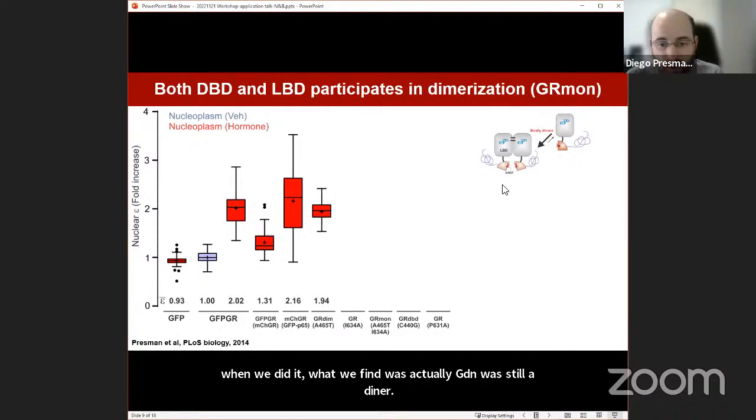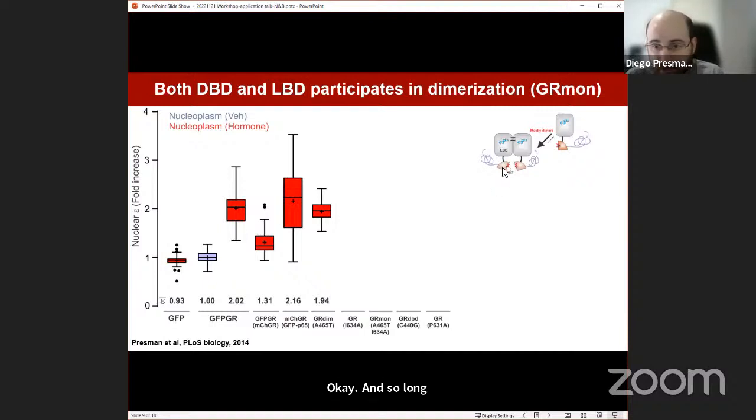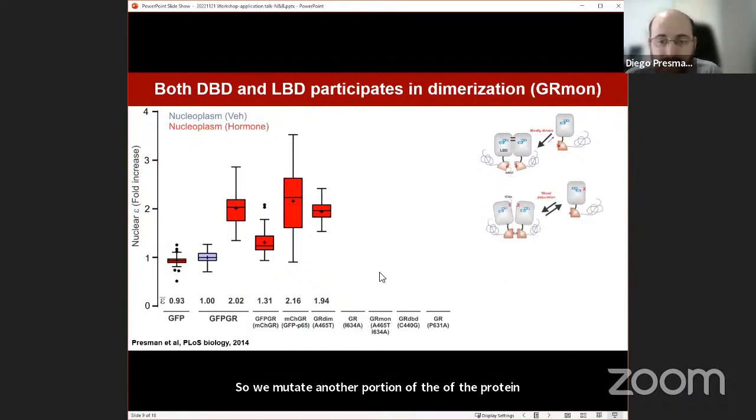And so, long story short, we thought, okay, if this mutation in the DBD was not sufficient to make a monomeric receptor, there must be another region of the protein that is holding the dimer together. So we mutated another portion of the protein, in the ligand binding domain, and that mutation is sufficient to start decreasing dimerization.